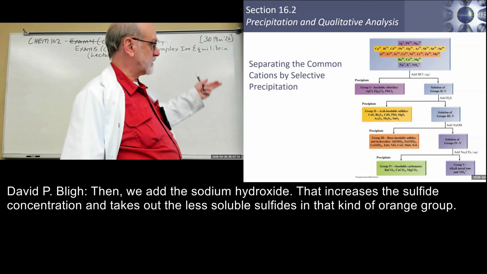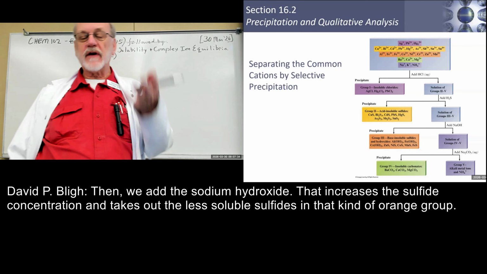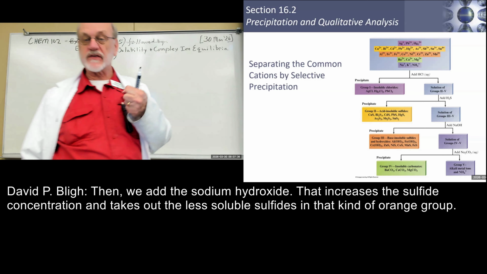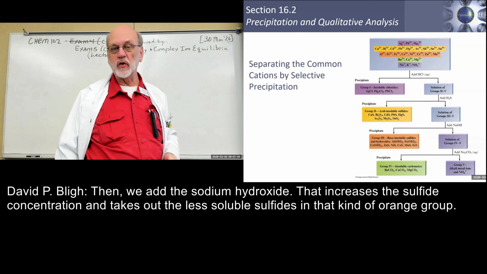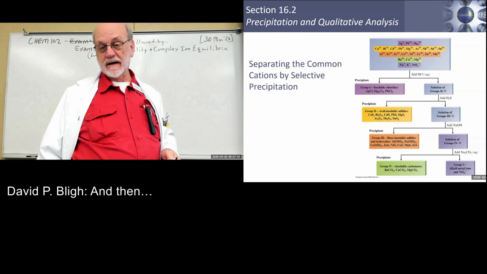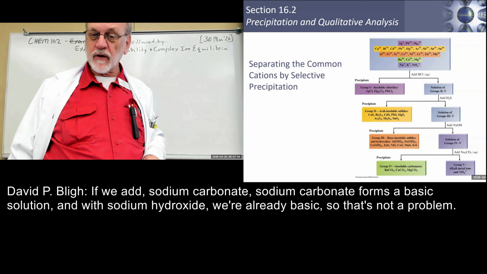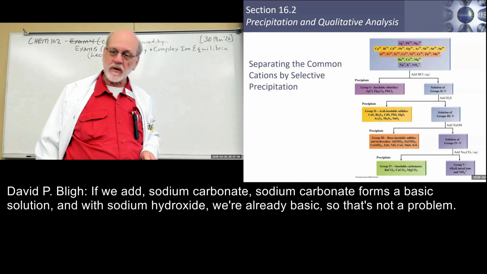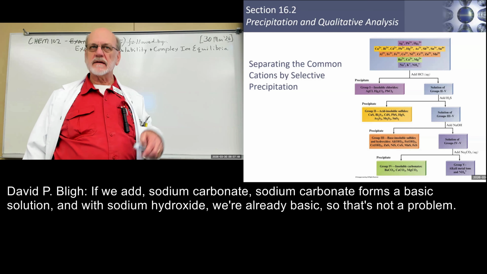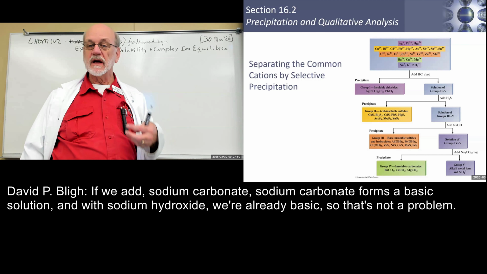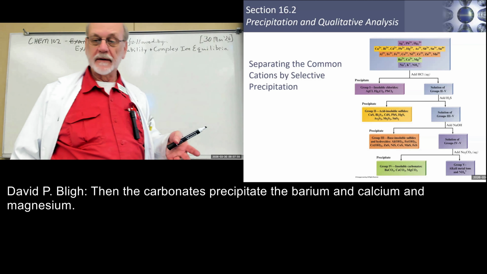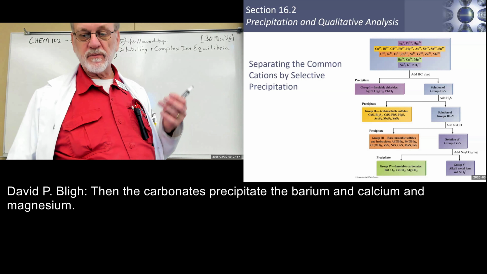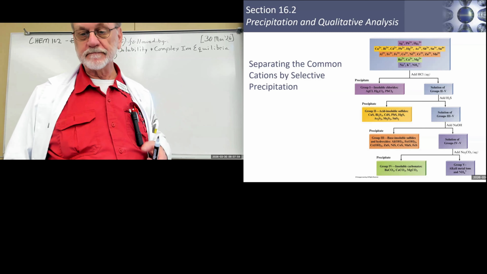Then we add the sodium hydroxide. That increases the sulfide concentration and takes out the less soluble sulfides in that kind of orange group. And then if we add sodium carbonate, it forms a basic solution. And with sodium hydroxide, we're already basic, so that's not a problem. Then the carbonates precipitate the barium and calcium and magnesium.